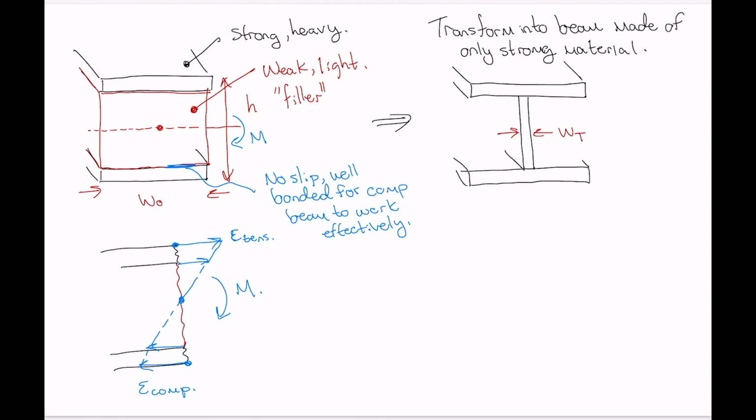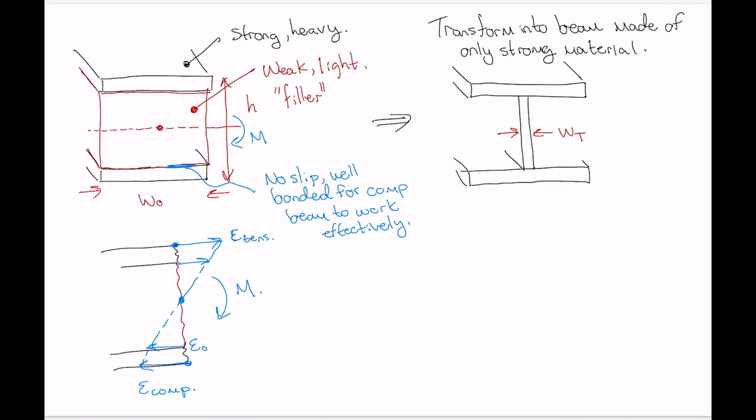Okay, so getting back to this longitudinal drawing, the maximum strain that's seen by the filler material is this strain right here. We'll call that strain the original strain in the filler material, epsilon naught.